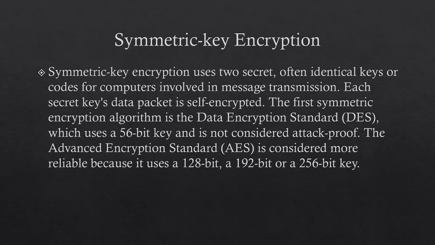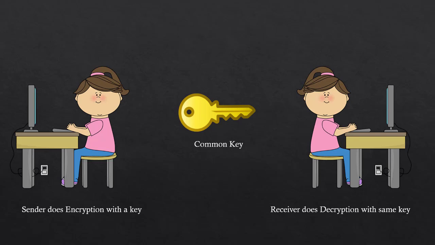Now here you can see how things work in symmetric key encryption. Here is a girl who is using a common key for encryption, and there is another girl who is using the same key for decryption. So friends, symmetric key encryption is where you use only one key to encrypt and decrypt.